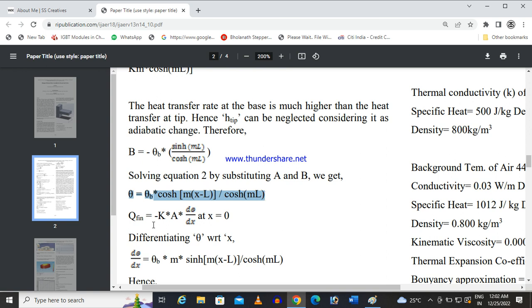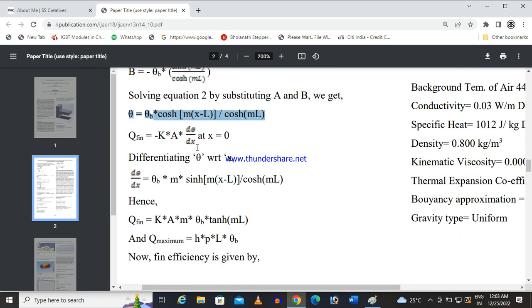Now Q of the fin, how much heat it will evacuate, can be found out from Q at x equal to 0, because that much heat only it will evacuate out. By solving this, your Q fin is like this. And the maximum, how much?